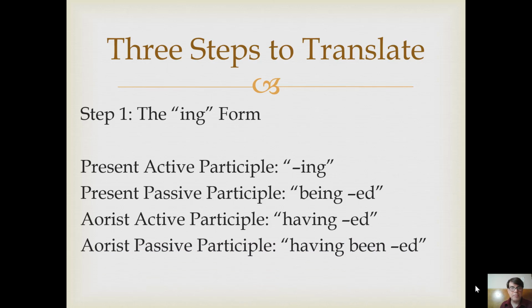And if it's an aorist passive participle, try having been something. Having been burnt, for example, might be an aorist passive participle. You can see that the passives have being and been, whereas the actives are more active. So that's the starter translation, the ing form. Sometimes you can stop there.